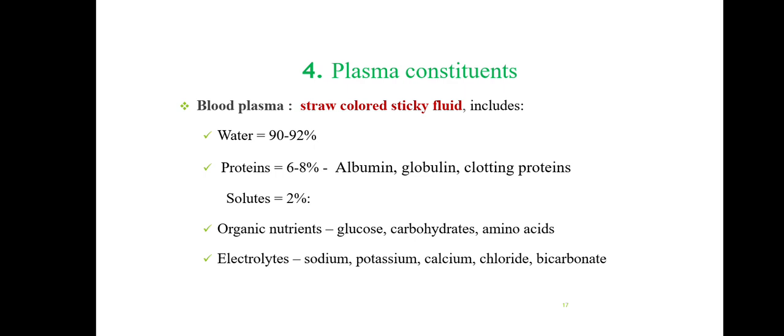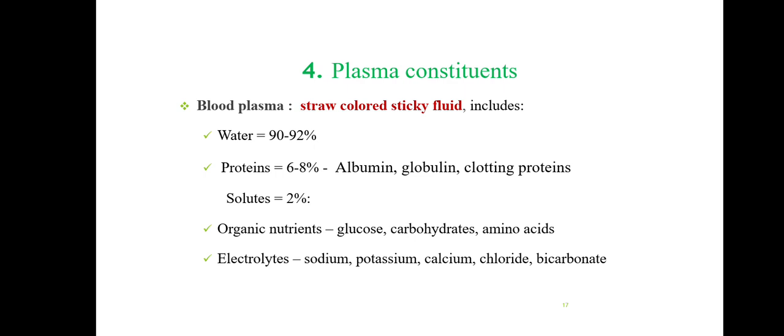So here we want to know the color. We have the plasma constituents. Blood plasma, what is the color? It is a straw-colored sticky fluid. And these now are the components. Water, 90 to 92%. Then we have proteins, 6 to 8%.